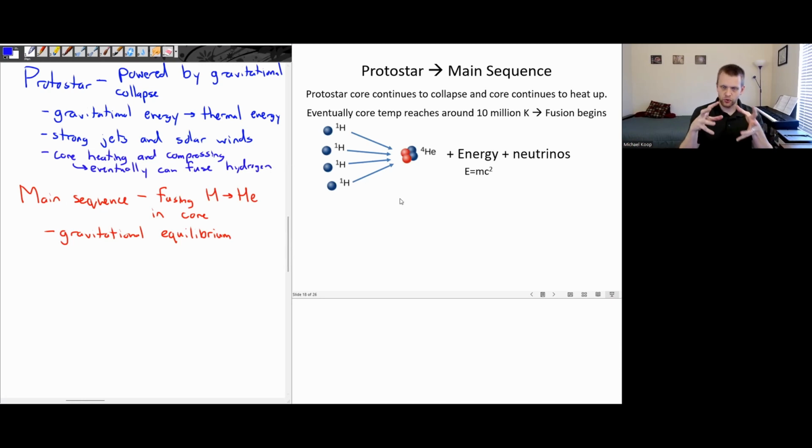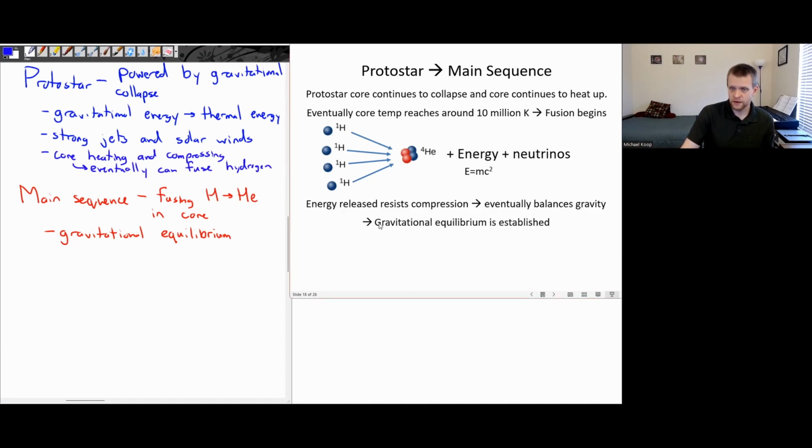So let's say this protostar core is collapsing, it's heating up, it's getting more dense, and eventually it can fuse hydrogen. So the first time that 4 hydrogen nuclei come together to form 1 helium nucleus, does that mean that we have a main sequence star yet? Well, probably not yet.